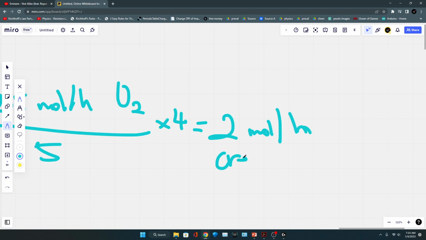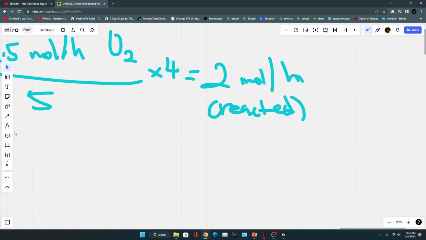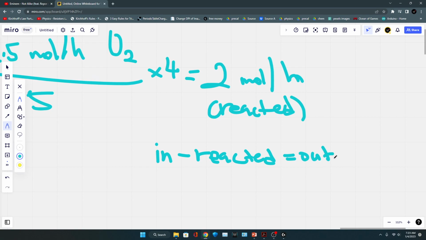This is the amount of ammonia that has reacted with oxygen, and we already know previously that the amount of ammonia coming in minus the amount of ammonia that has been reacted should equal the amount of ammonia coming out in the outlet stream.